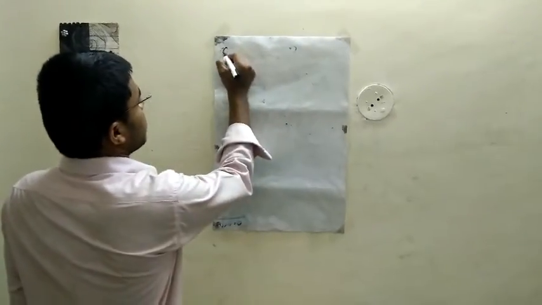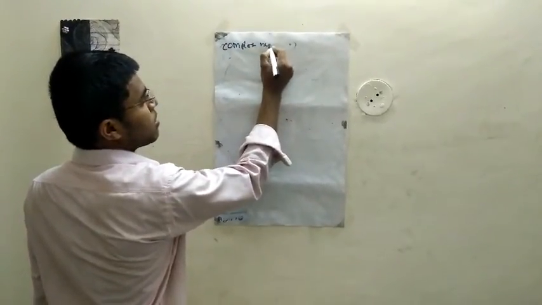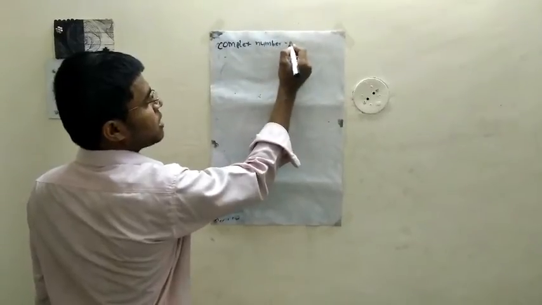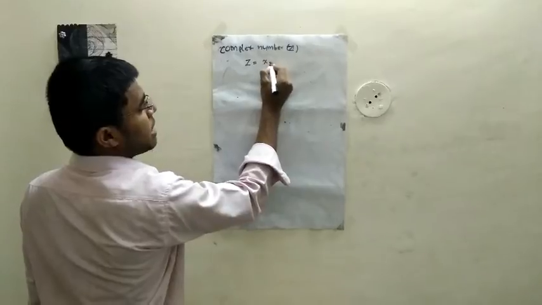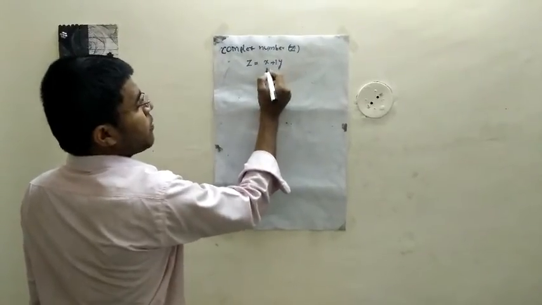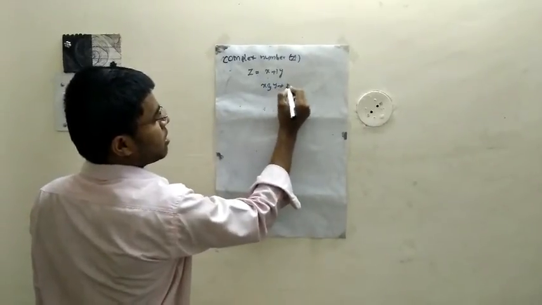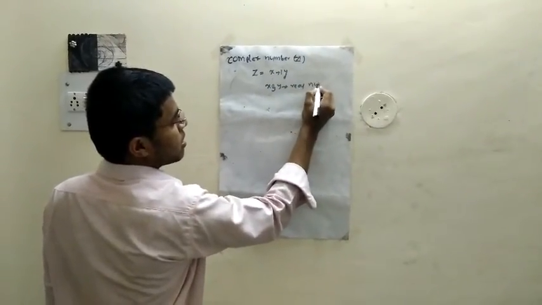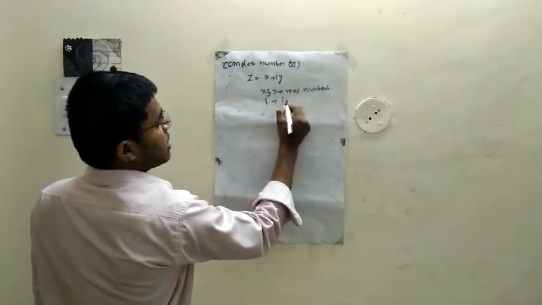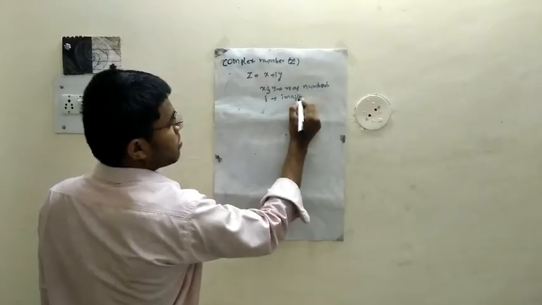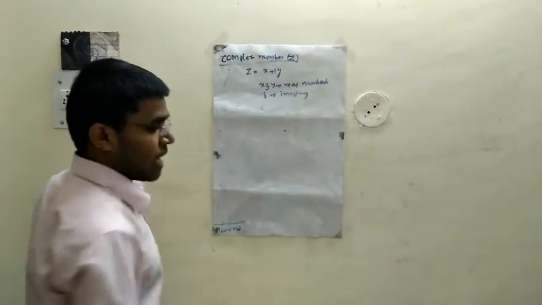Complex number. A complex number is represented by Z, where Z equals x plus iy, where x and y are real numbers and i is the imaginary unit.